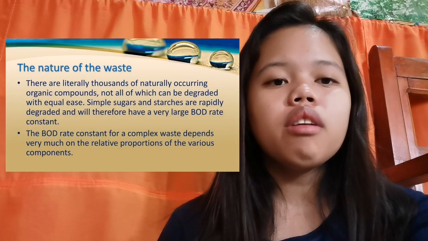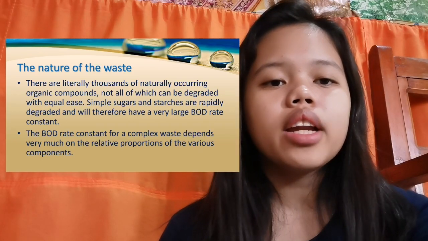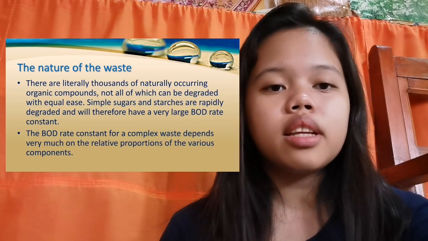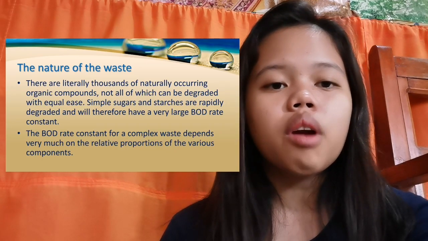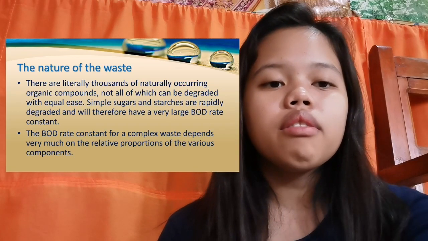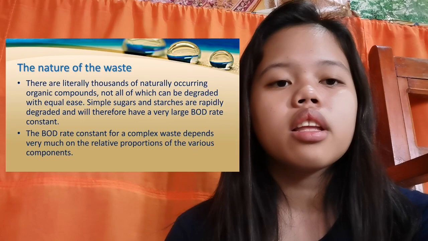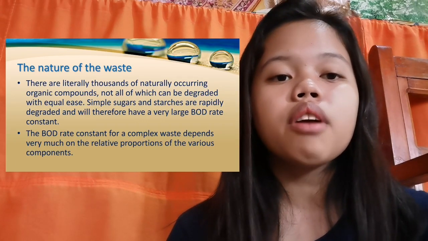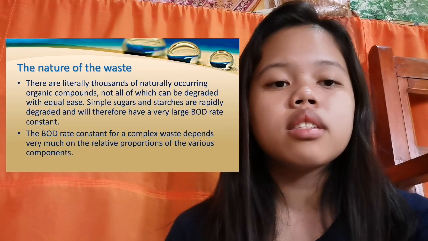The nature of the waste. There are literally thousands of naturally occurring organic compounds, not all of which can be degraded with equal ease. Simple sugars and starches are rapidly degraded and will therefore have a very large BOD rate constant. The BOD rate constant for a complex waste depends very much on the relative proportions of the various components.